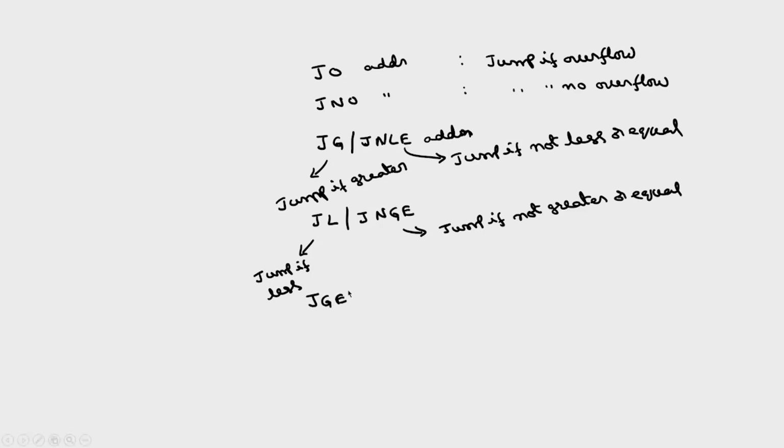So this E I have taken on this side. So what will be the equivalent of this one? Jump if not less, because this E I have taken here. So this stands for jump if greater or equal. This will be jump if not less.